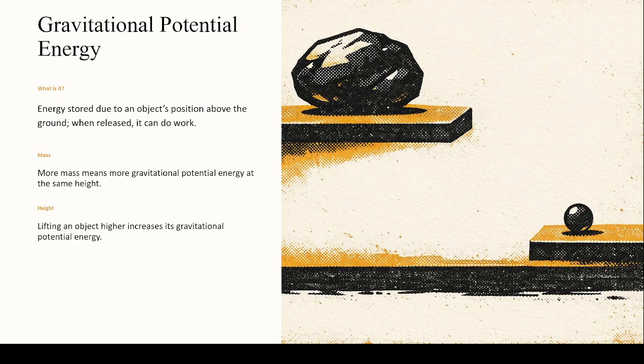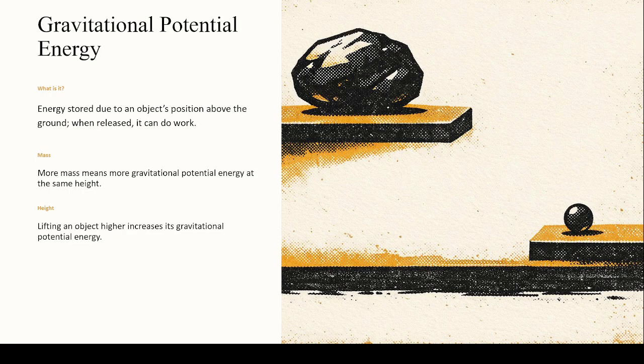So let's say you pick two rocks of the same mass, the same amount of matter, and you take them to different heights. If you have a two-story house, maybe you go to the first story balcony with one and the second story balcony with the other, then the rock at the second story will have more potential energy because of its height.